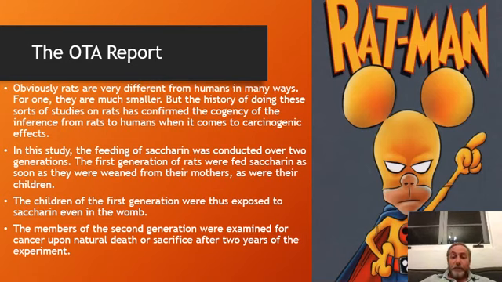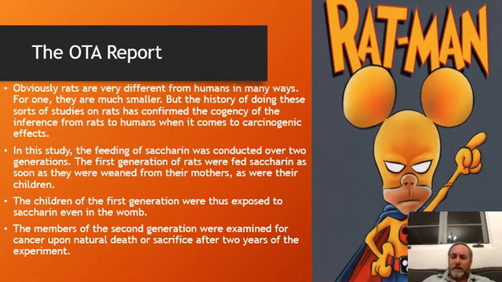But those children also got the saccharin from their rat mothers while they were in the womb and while they were nursing. The members of the second generation were then examined for cancer upon natural death or sacrifice after two years of the experiment. So either they die or after 2 years they cut them open and look for cancer.